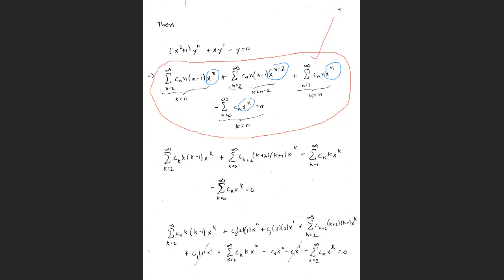We want them all to have the same power, so we made a change of index, letting k equal, and we did that for the four power series. And then we just worked through the math here, and we got up to this step right here.